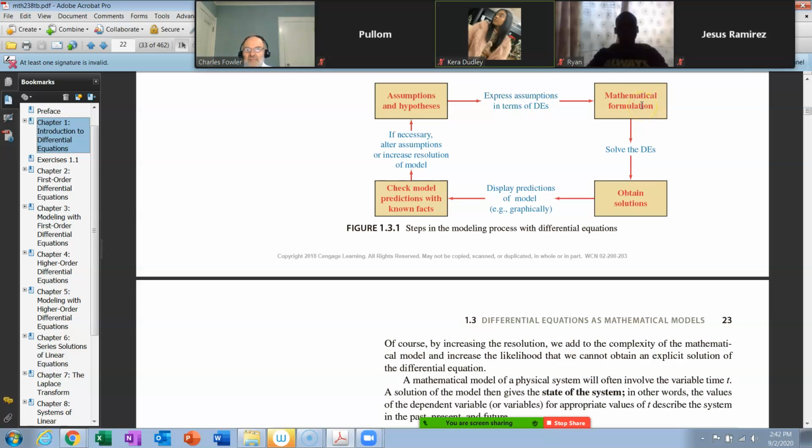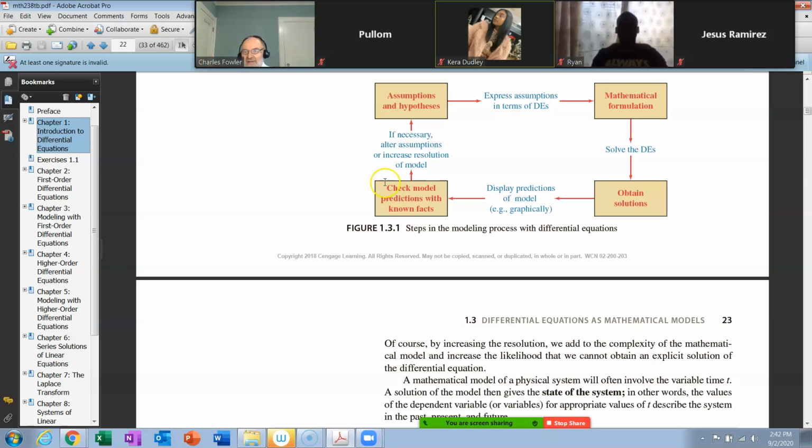Well, at that point, you might want to try solving these differential equations to see what your model is predicting that you're coming out with. You take these predictions, sometimes graph them or model them in other ways, check the model against the known facts. Are things balancing out pretty well or not?